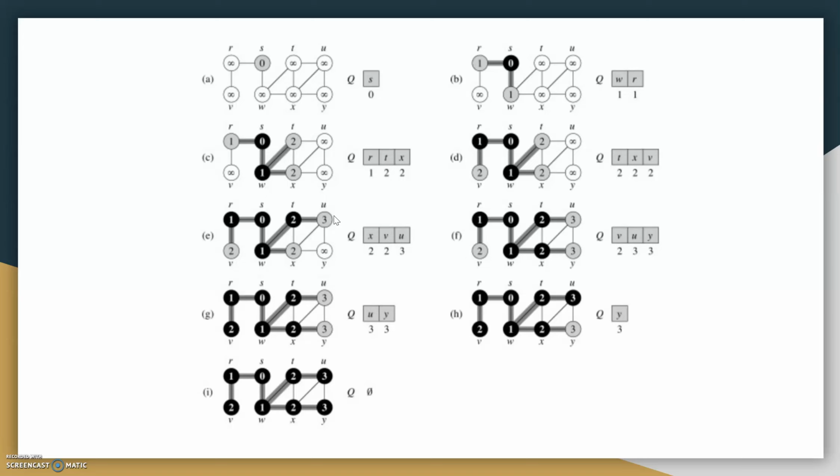T becomes black because it has finished processing, and U becomes gray because it is in progress of processing.